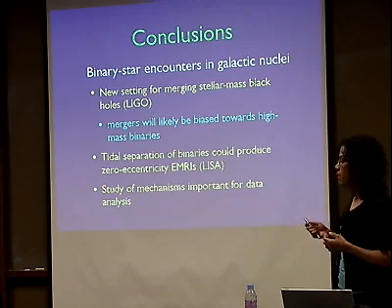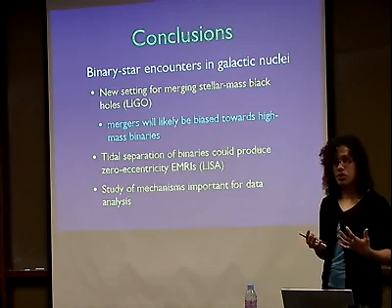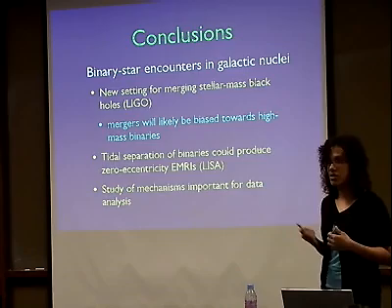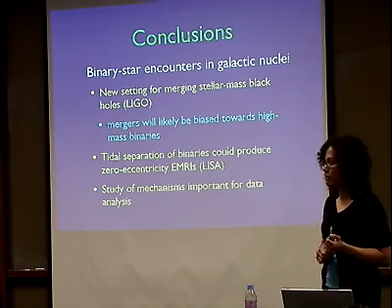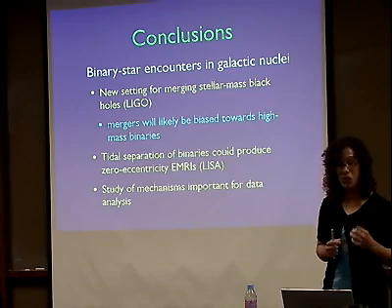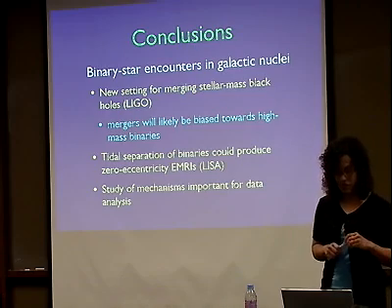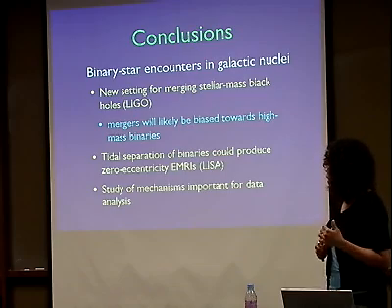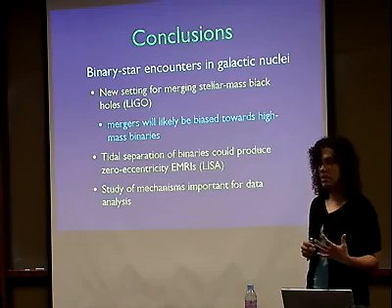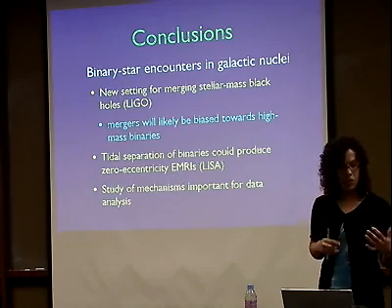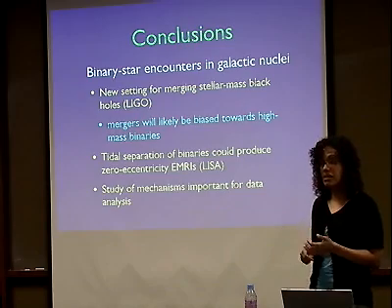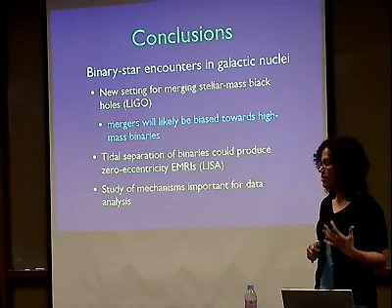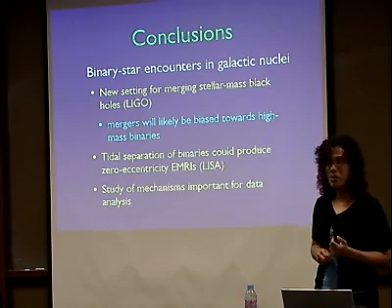And then if the binary instead reaches a supermassive black hole, we produce EMRIs and LISA sources. So that's kind of a cool thing, to get two different types of signals from the same physical scenario. And finally, it's important to keep studying these mechanisms because we need to get an idea of different data analysis techniques and really maximize the potential with the upcoming LIGO detections.